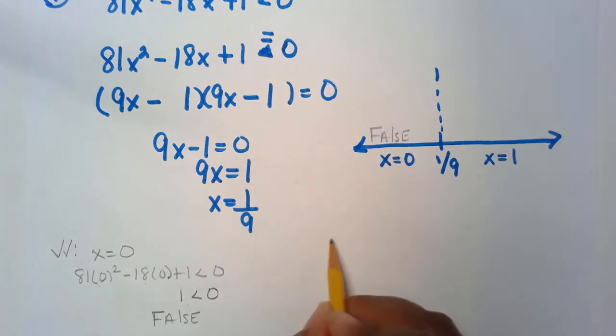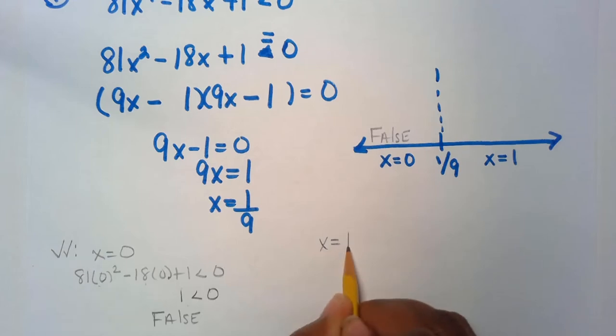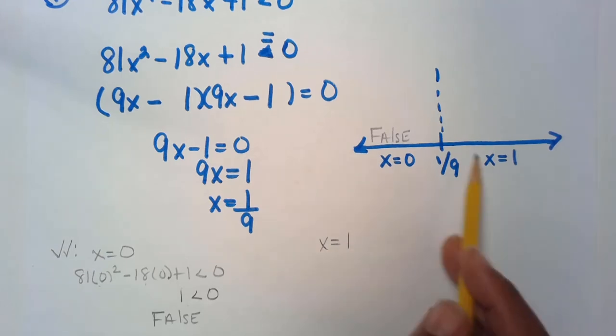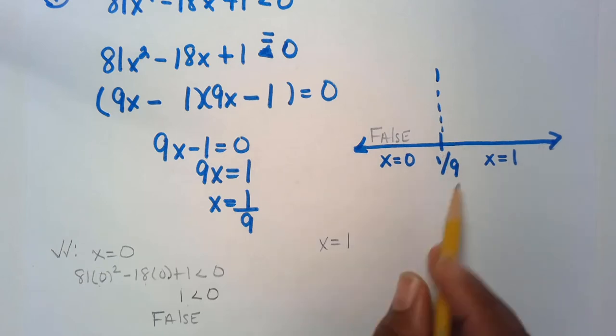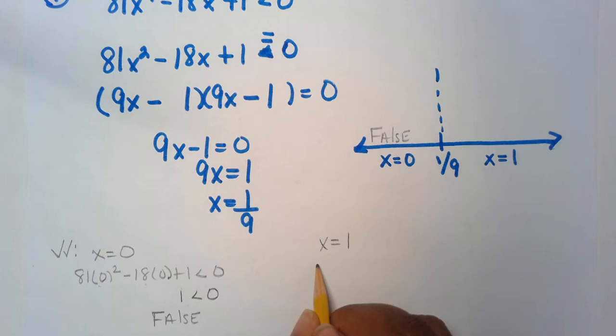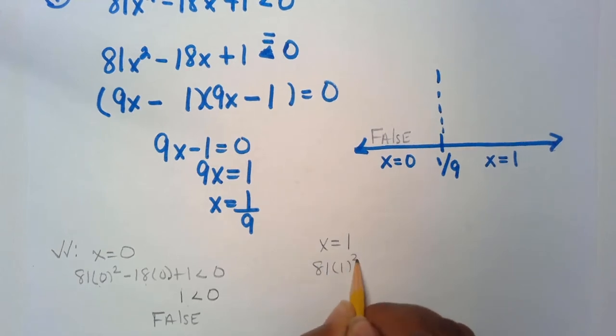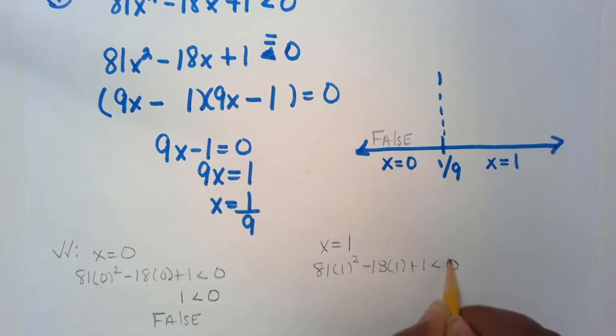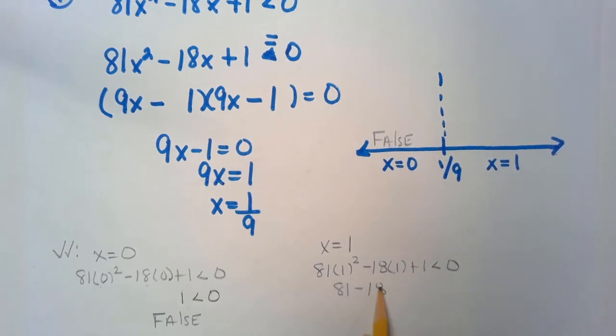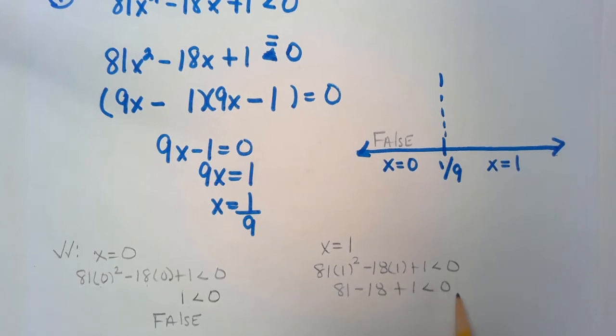Okay. Now when x is equal to 1, checking our boundary point here from 1/9 to positive infinity, or beyond the boundary point, we have 81 times 1 squared minus 18 times 1 plus 1 less than 0. Therefore, this will give us 81 minus 18 plus 1 less than 0.